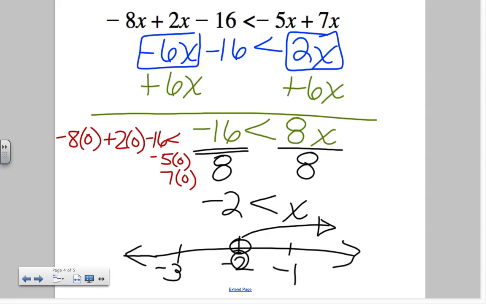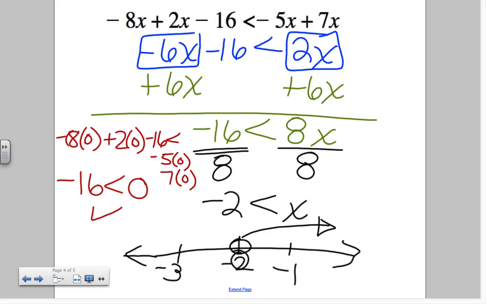Okay, so if you notice, 8 times 0 and 2 times 0, what's this all equal? 0. 0 and negative 16 is what? Negative 16. It has to be less than 5 times 0 and 7 times 0, which is also what? 0. So you guys agree that 0 is greater than negative 16? Yes. Sure it is. That checks.